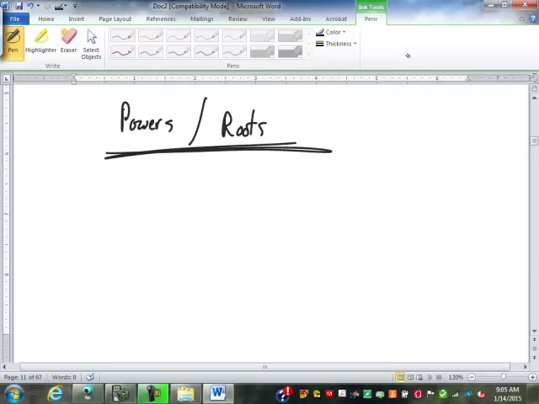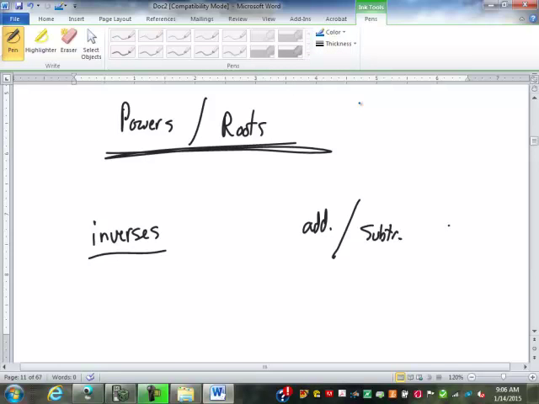All of our operations come in pairs. They're what we call inverses. Like addition and subtraction. If I want to reverse addition, I'm going to use subtraction, or the other way around. Let's say I start with a number.